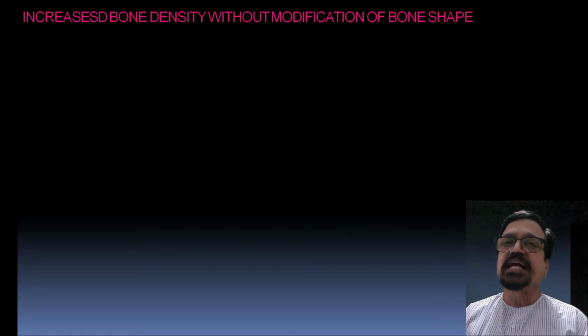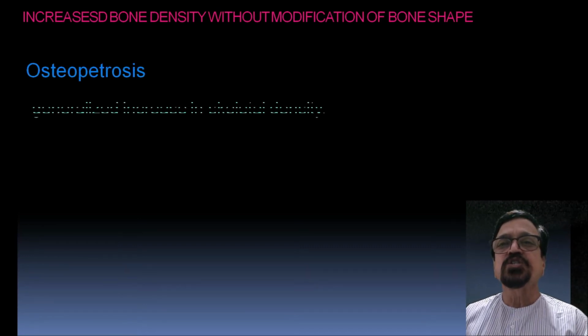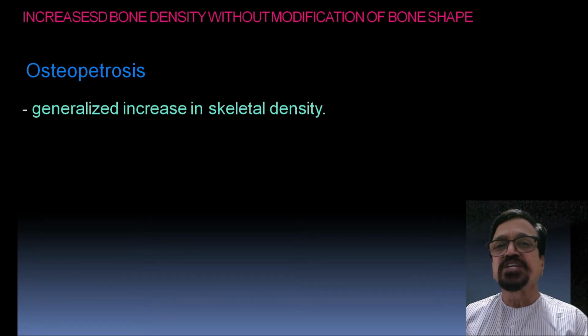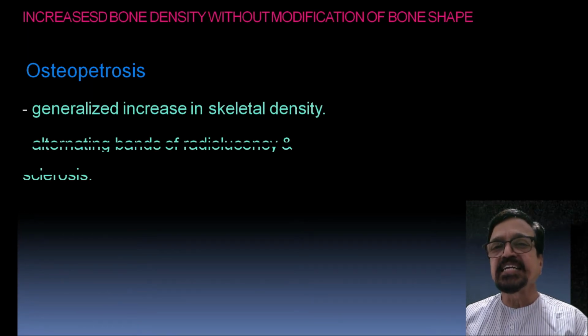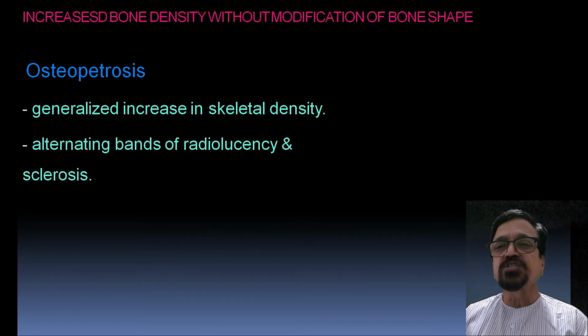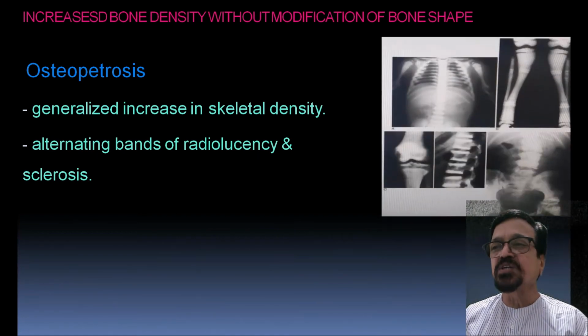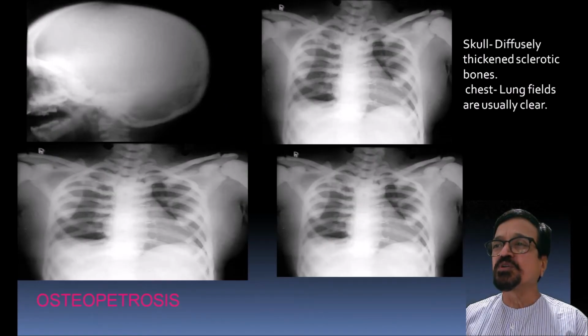Let us come to another variety, that is increased bone density without modification of the bone shape. This type of dysplasia includes osteopetrosis, which is a generalized increase in skeletal density, then alternating bands of radiolucency and sclerosis, which you can see in these. This is a case of osteopetrosis.